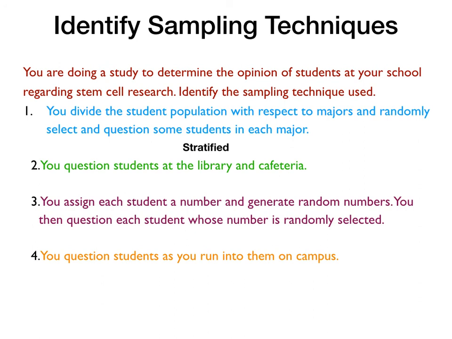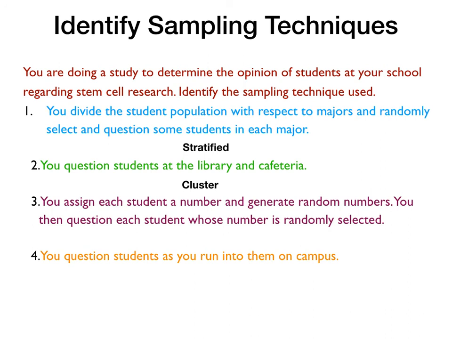Second, you question students at the library and cafeteria. So library and cafeteria are the 2 locations on campus. And you question all of them at the 2 locations. So that means it's a cluster. So each location is a cluster in your population. And you pick 2 clusters, and you select all the students in those clusters.